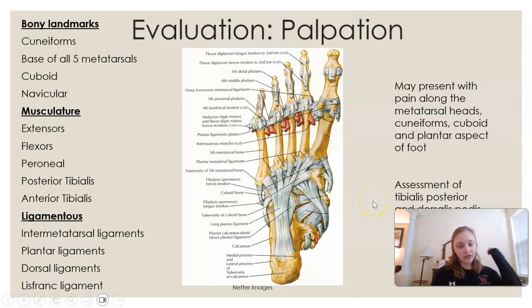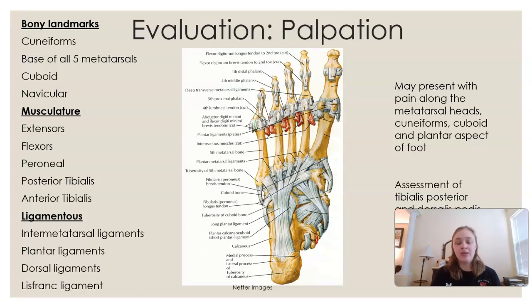This is just an extension of the anatomy that I talked about earlier, but palpating those key landmarks, again, we want to palpate those cuneiforms. We want to go to the base of all 5 metatarsals, the cuboid, the navicular, palpating all the muscular and ligamentous structures.